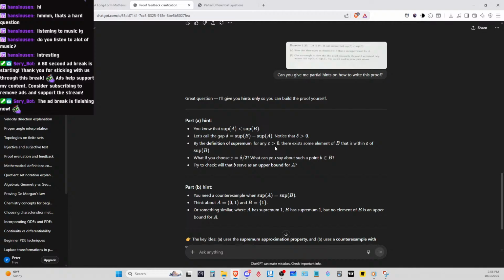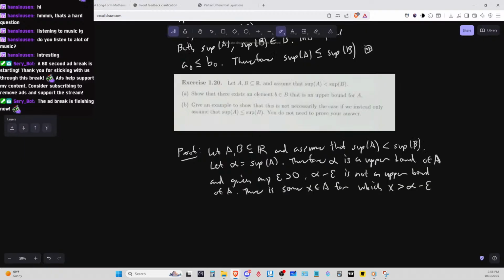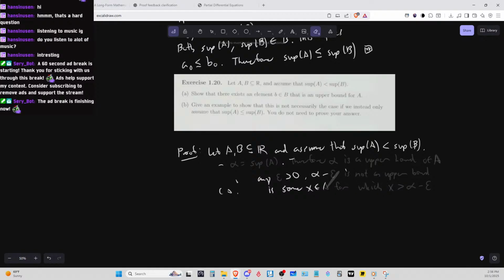By definition of supremum, for any epsilon greater than 0, there exists some... let's just address the gap between the two instead.